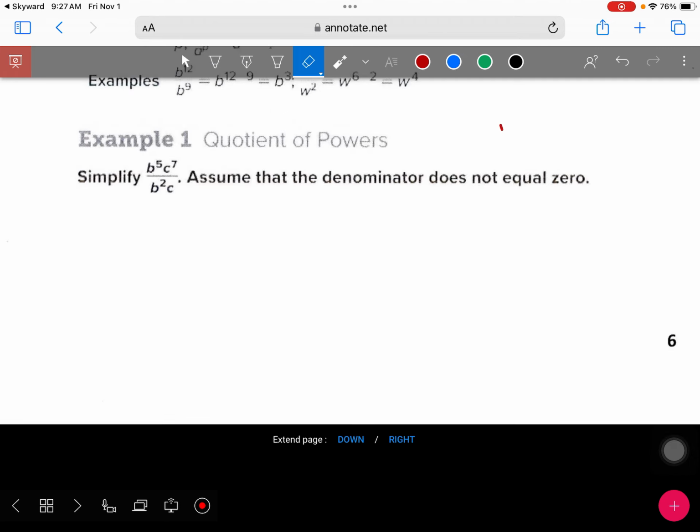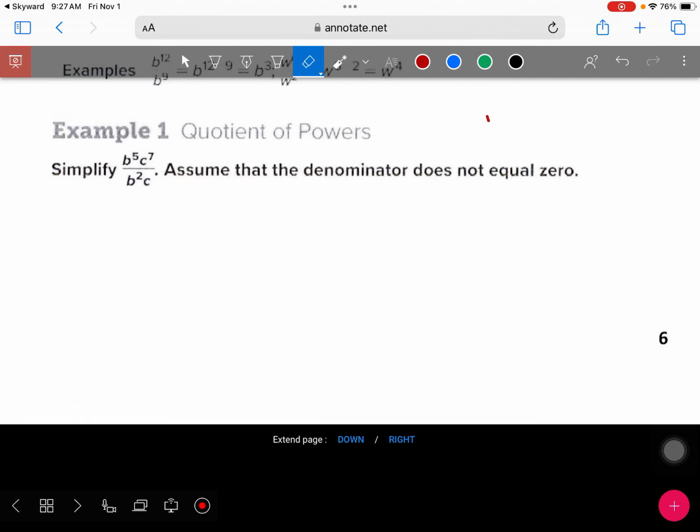All right, so let's take a look at example 1 at the bottom. B to the 5th, C to the 7th, all divided by B squared C. First of all, I'm going to put a 1 as the exponent for C on the bottom. Diana, put that away, please. So B to the 5th and B squared. We are dividing those. They have the same base.